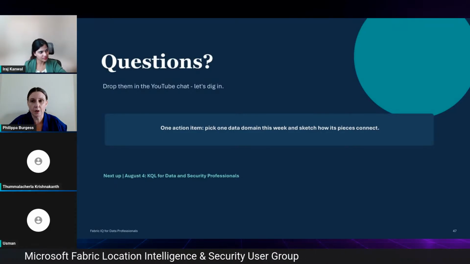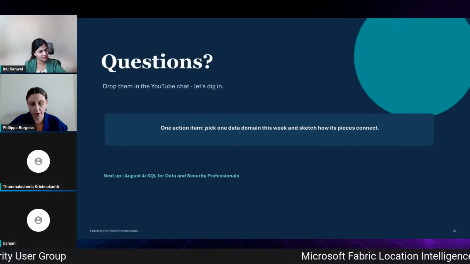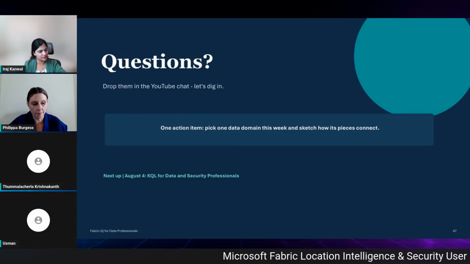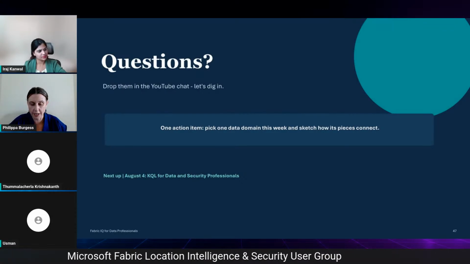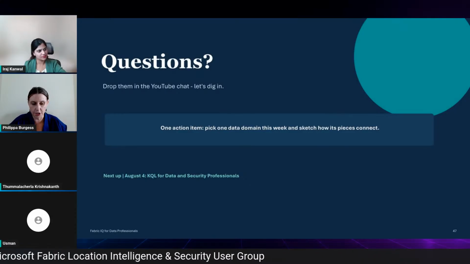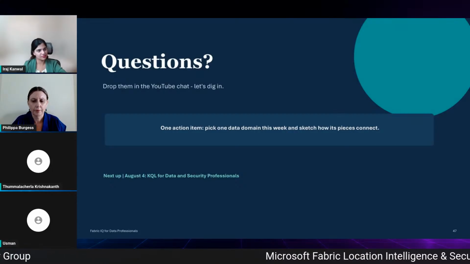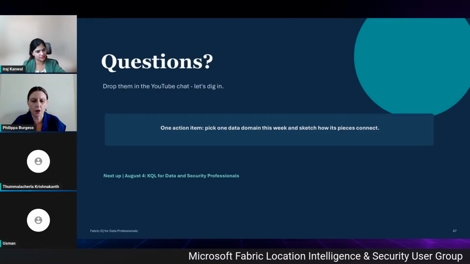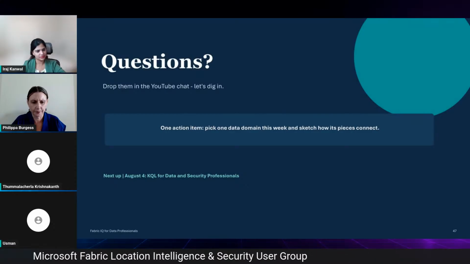For example, row level security, column level security, object level security, PII, personal identifying information, PHI, personal health information, anything that needs to be encrypted, credit cards, or masked. How do you connect all of that with ontology and with Fabric IQ?